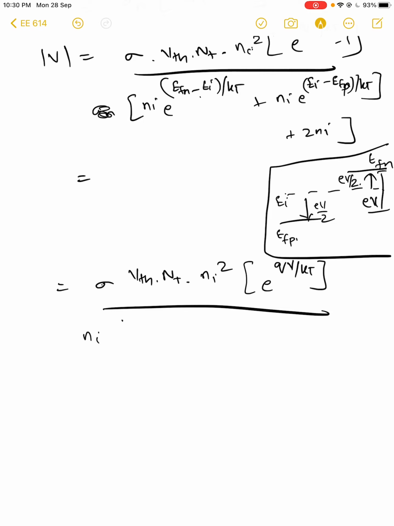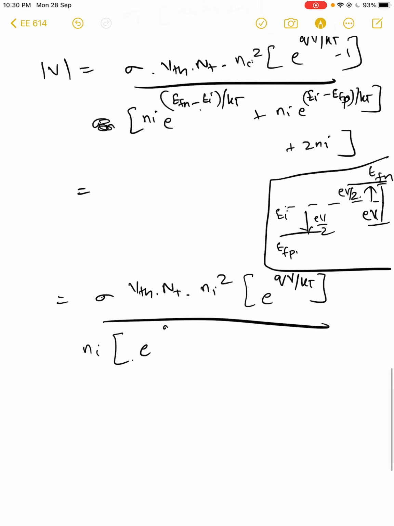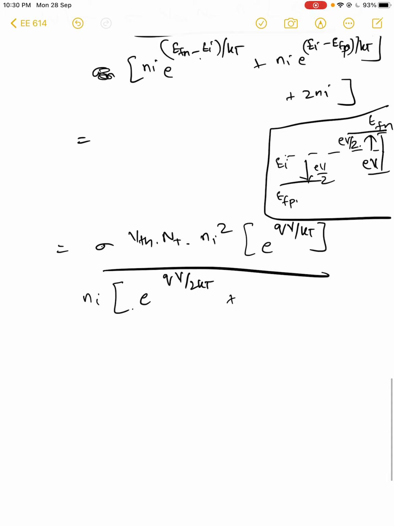I'm going to take ni common out, and EFn minus Ei is basically e power qV by 2kT, right? Plus Ei minus, so this is once again e power qV by 2kT, plus 2.